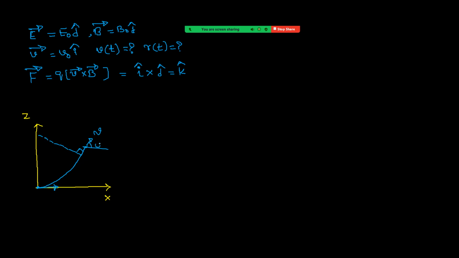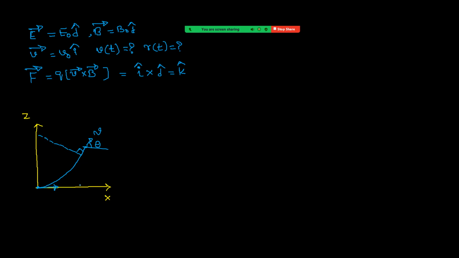Take it as theta. Here one condition is that magnetic force does no work. By magnetic force, no work is done. That means its speed does not change.